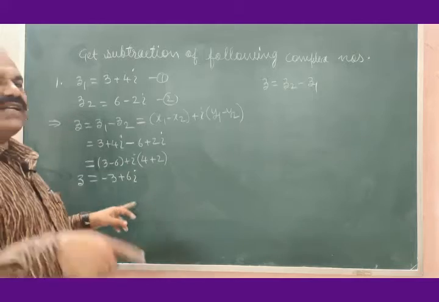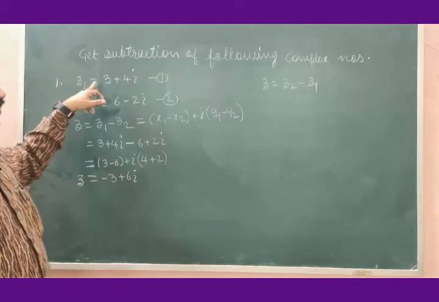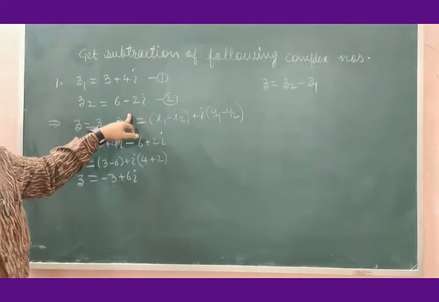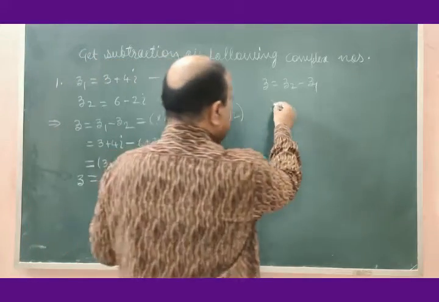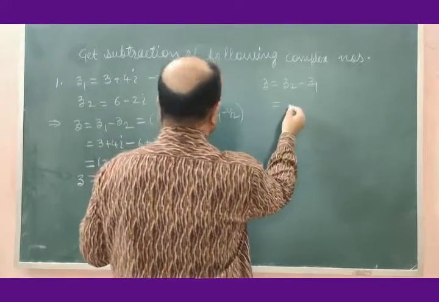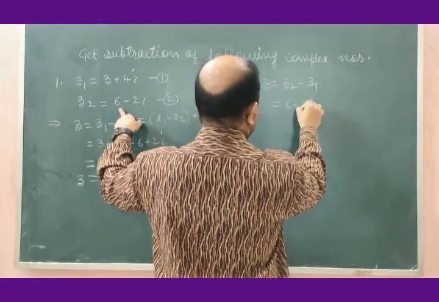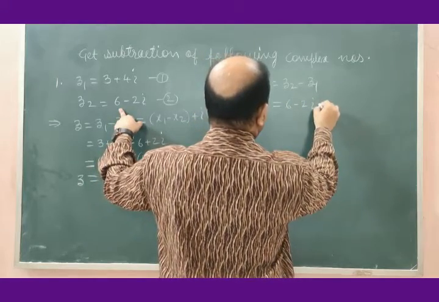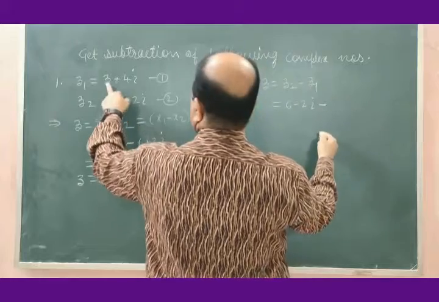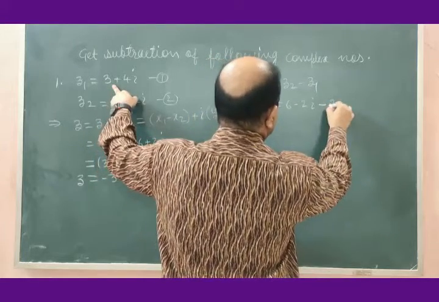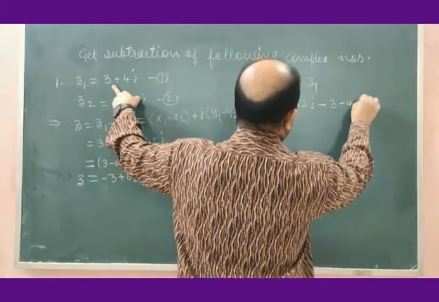Now let us suppose that you are asked to subtract the first complex number from the second. Then we will have here Z2, write this 6 minus 2i, minus Z1, 3 minus 4i.